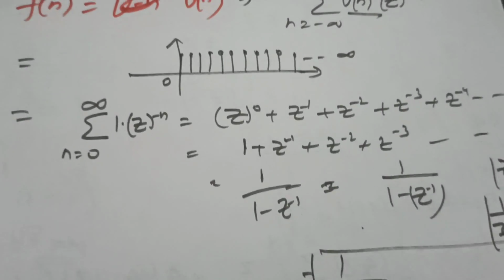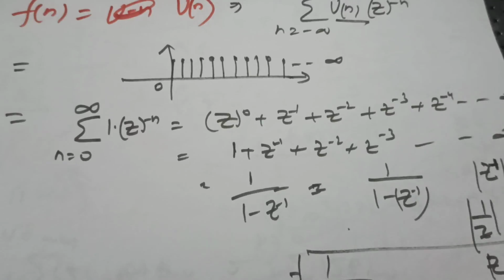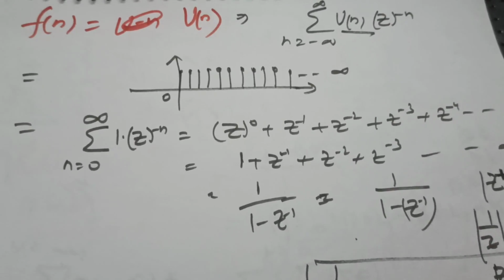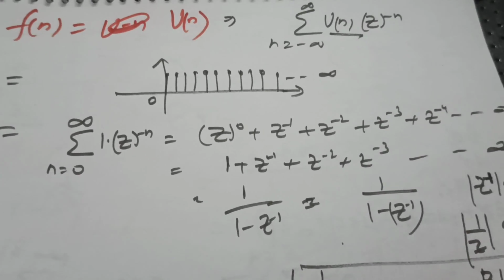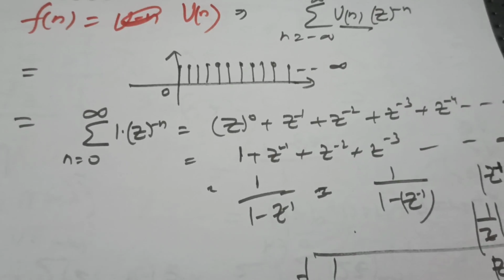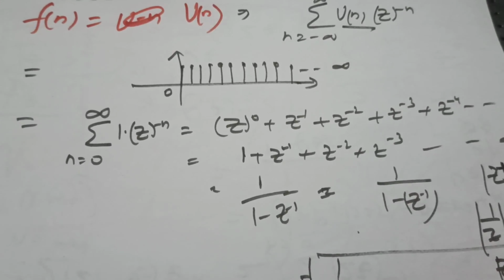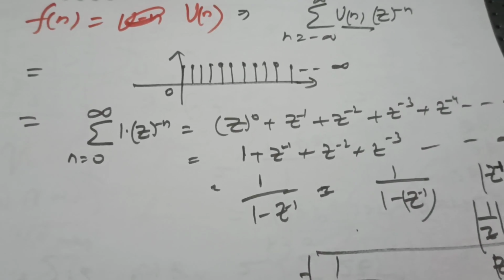So if we have to evaluate the Z transform of u[n], then what we will do is put this multiplied by Z to the power minus n in the summation formula of the Z transform, where n is varying from minus infinity to infinity.